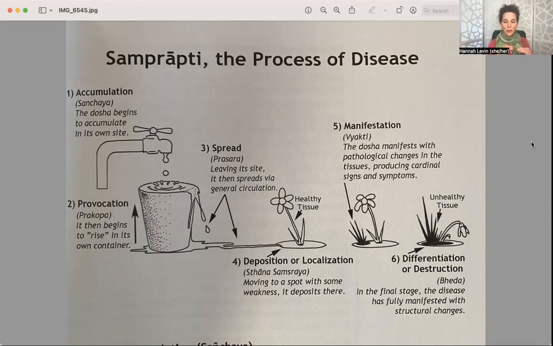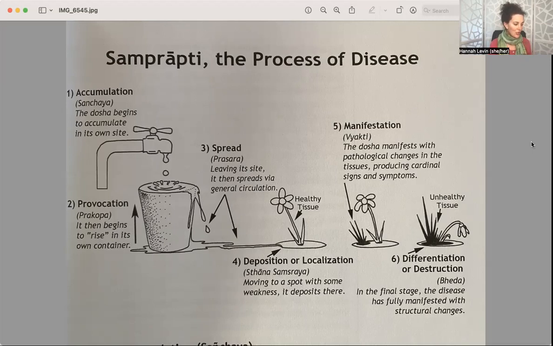This is when the level begins to rise, like we have our capacity, the bucket, and it begins to rise in its own container. So we begin to have more kapha build up in the stomach, more pitta build up in the small intestines, more vata build up in the large intestine and colon. So aggravating influences might cause the functions of the dosha to degrade, moving it to the second stage of provocation.